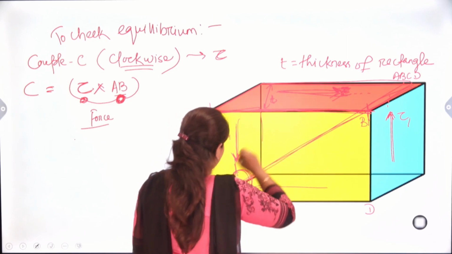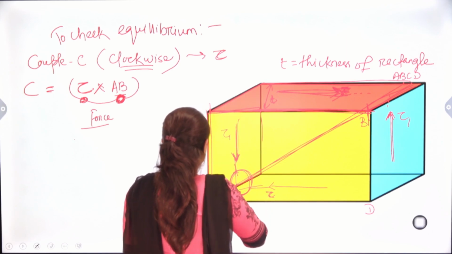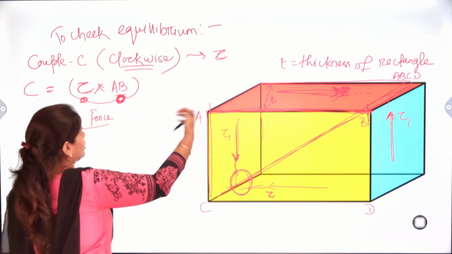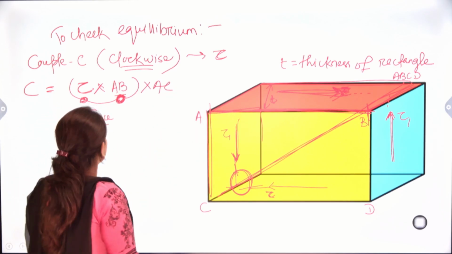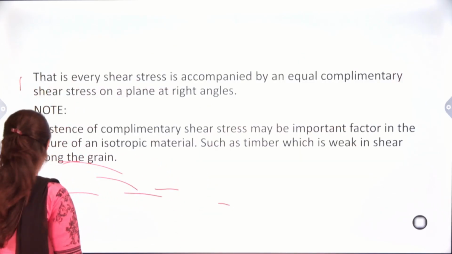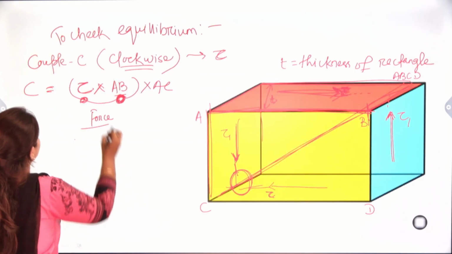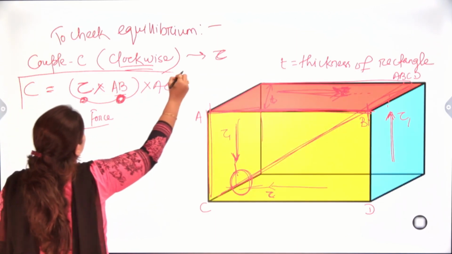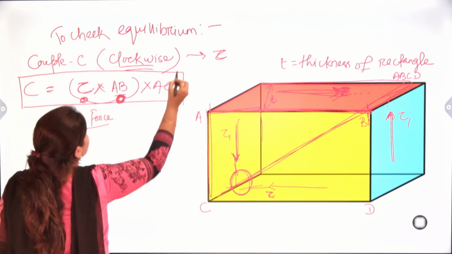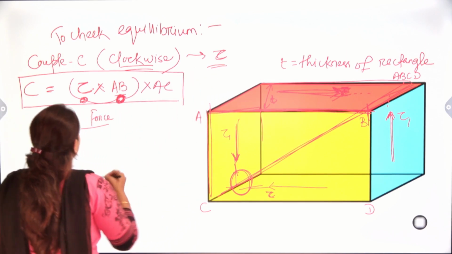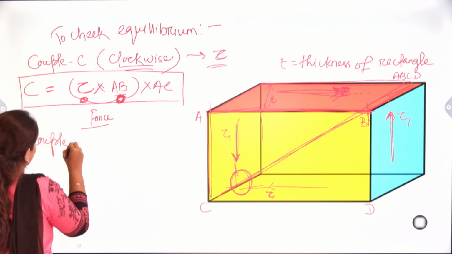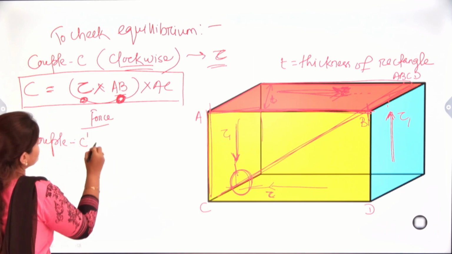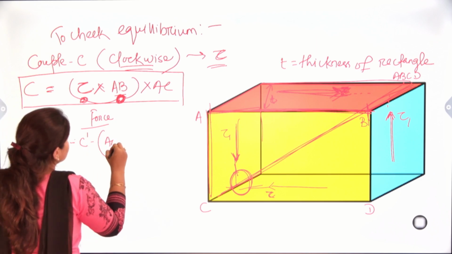To the AB plane, we will have AC as the perpendicular. Now we have the clockwise couple for tau. Likewise, we will calculate the couple C dash for the anticlockwise one, that is tau dash.